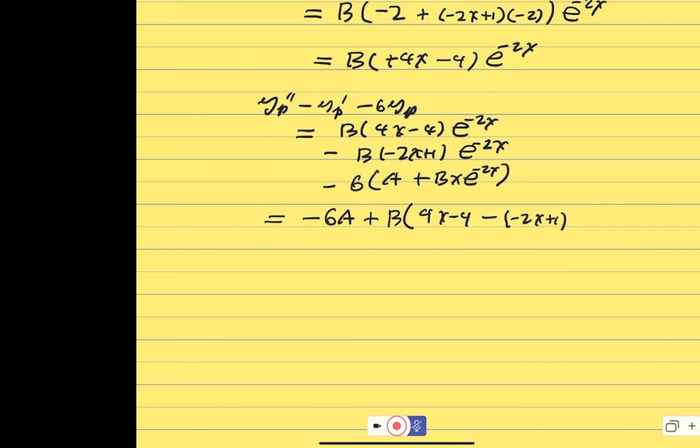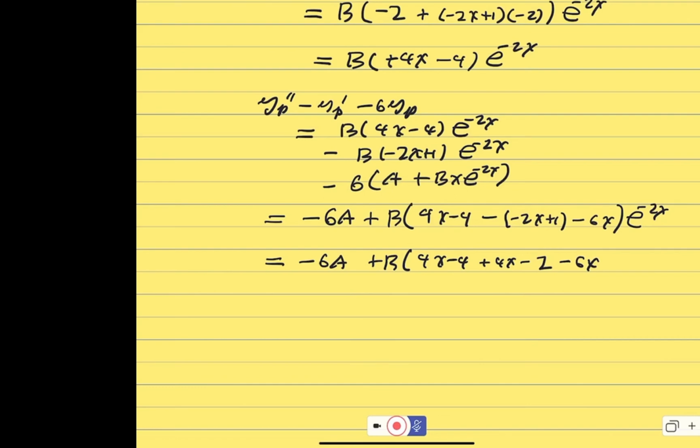Then I've got to subtract off this, and that's just going to give me a minus 6x and then an e to the minus 2x, which gives us minus 6a plus b times 4x minus 4 plus 4x minus 2 minus 6x.